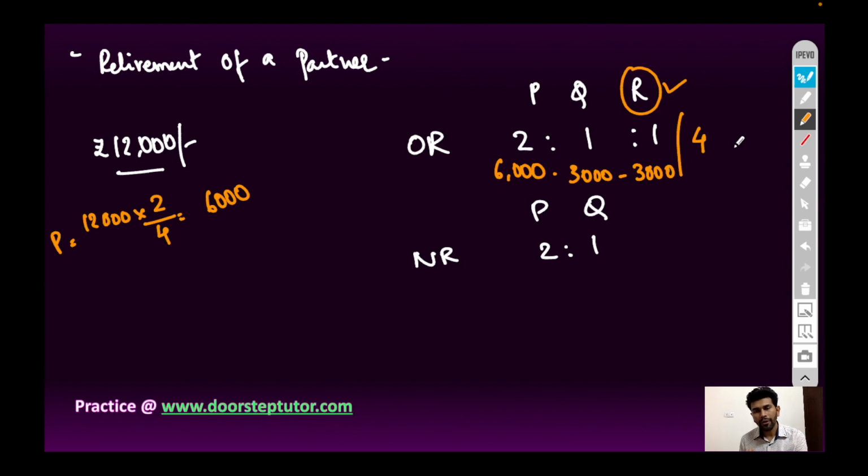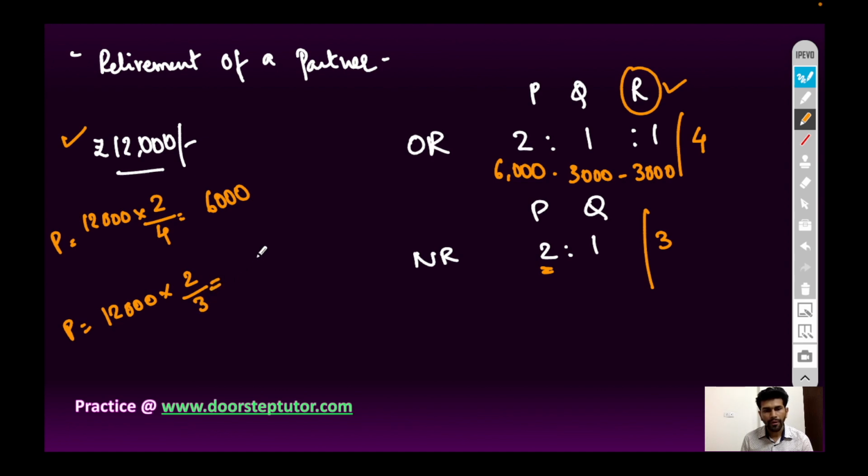Now after retirement of Mr. R, new profit sharing ratio is 2 is to 1. Then if the profit of the partnership firm is 12,000 rupees, it will be distributed among P and Q in the share of 2 is to 1. So the new share of Mr. P will be 12,000 rupees multiplied by 2 divided by the total of ratio, 2 plus 1, 3.